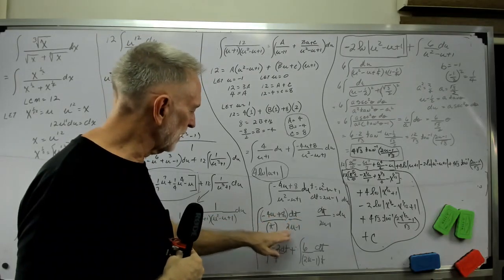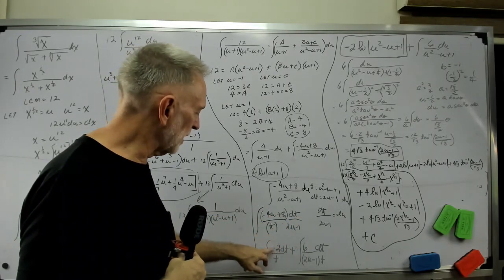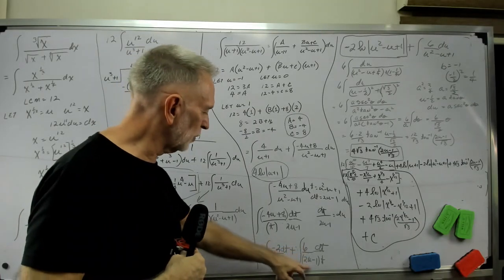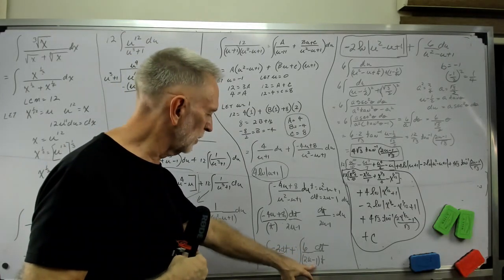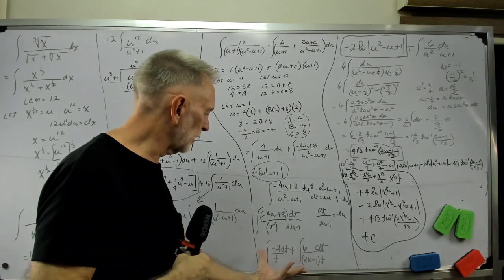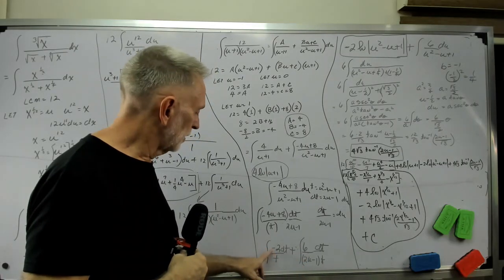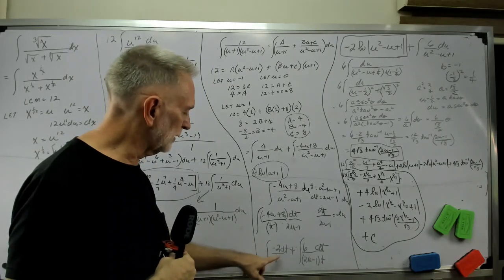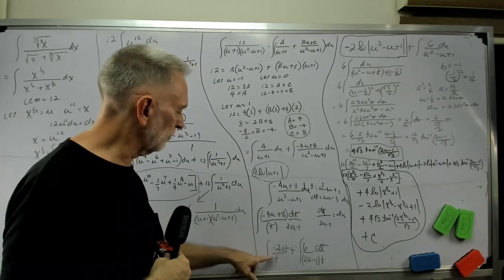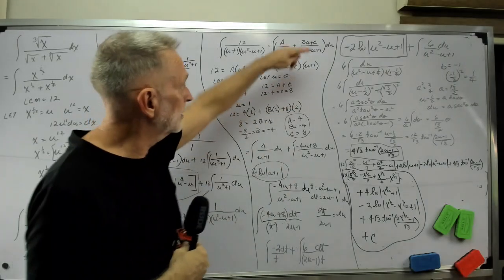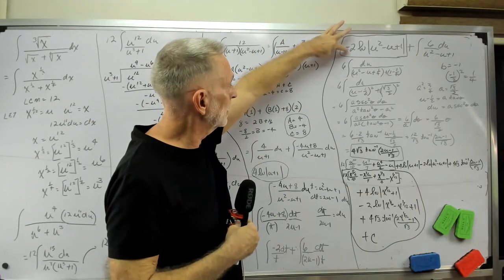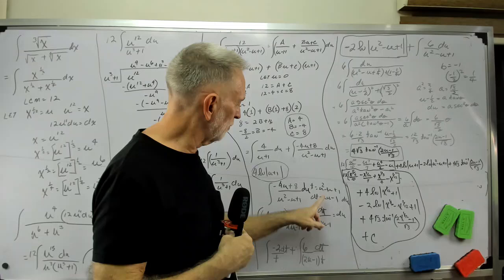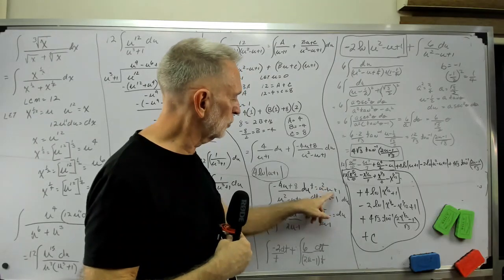So if I make that division, I end up with -2 plus 6 over 2u minus 1. And I've separated those out here. So now I have the integral of negative 2 dt over t. So that's negative 2 natural log t, which is negative 2 natural log of u squared minus u plus 1.